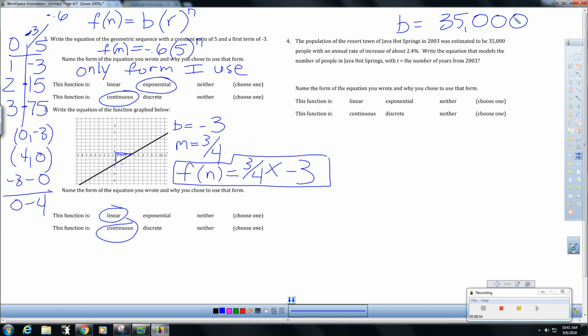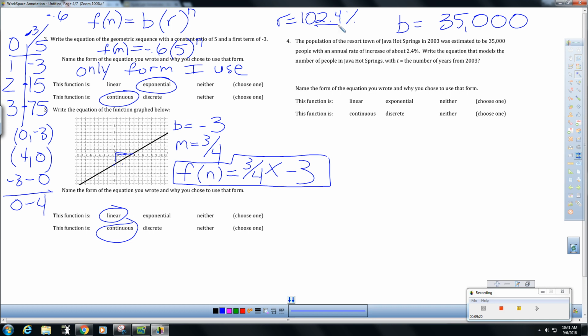If it didn't change, 100% of the people would be here next year. So if it increased, our R is 102.4%. It's a 2.4% increase over what we had the previous year. So 2.4 more than 100%.